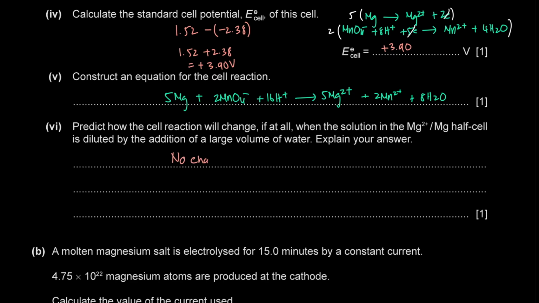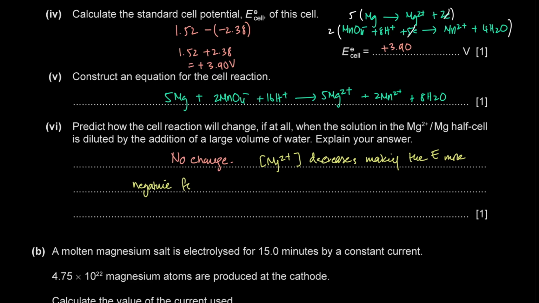There's no change, because what happens is that when we dilute that half cell, the concentration of Mg2+ decreases, making the electrode potential more negative for the Mg2+/Mg half cell.